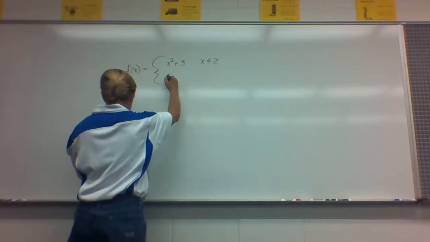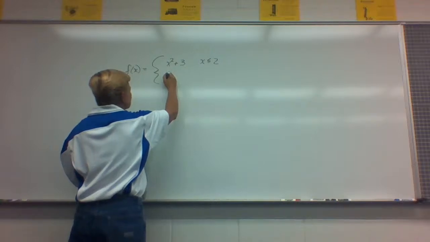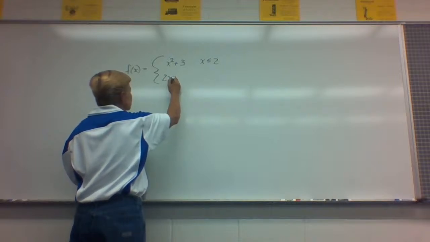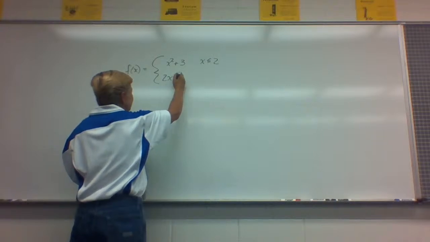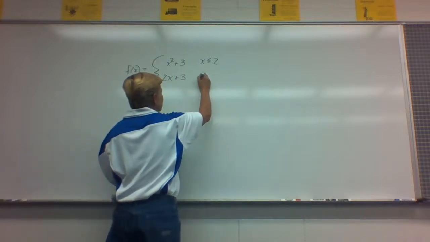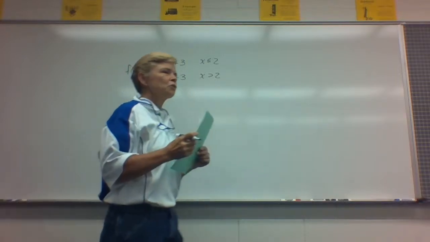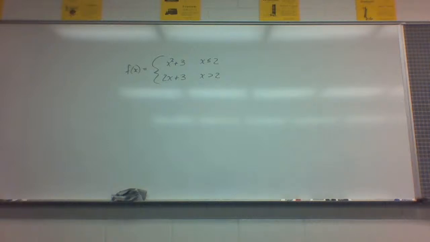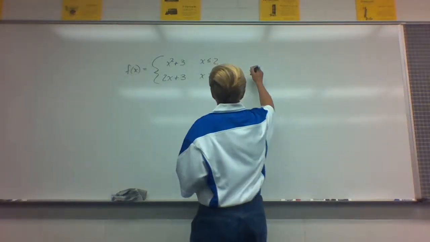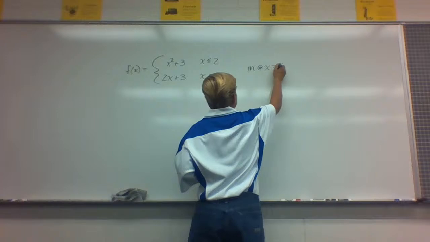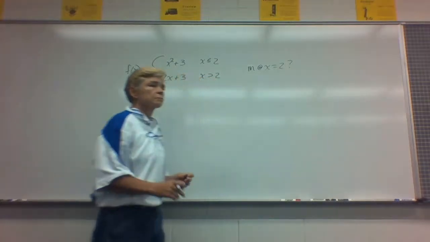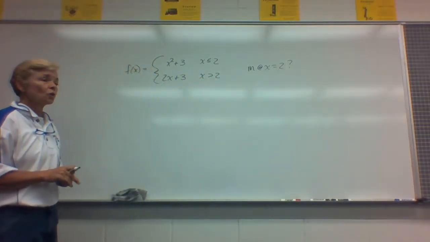And we'll have the other one be 2x plus 3 again for x greater than 2. What's the first thing you should check for? Oh, by the way, we want to know, is there a slope at x equals 2? It's this break point. Does the slope exist? And if so, what is it?